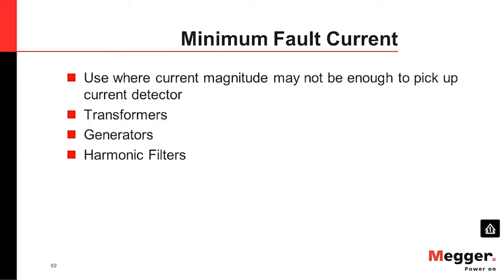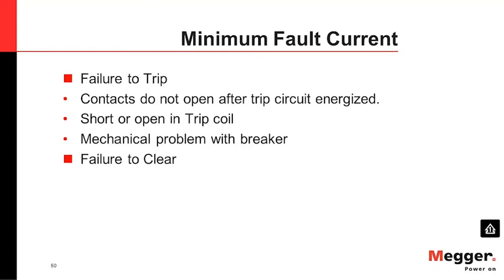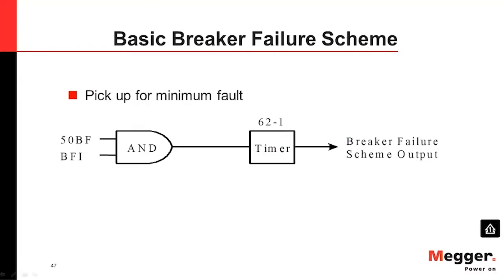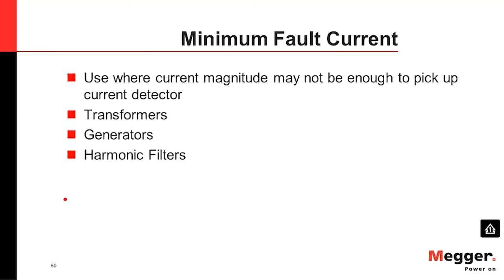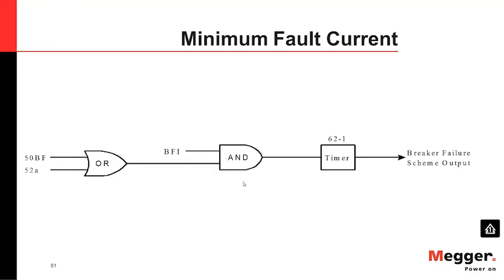Now, the minimum fault current: if you remember, we have an AND gate here, because I'm waiting for current plus the initiation. That's for the normal breaker or normal feeders. But for generators, transformers or harmonic filters, it is totally different. We have the breaker failure start, but we have an OR gate for the current or circuit breaker.